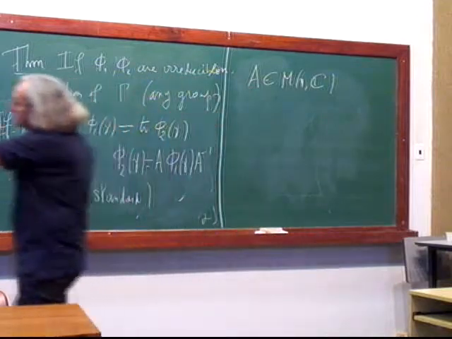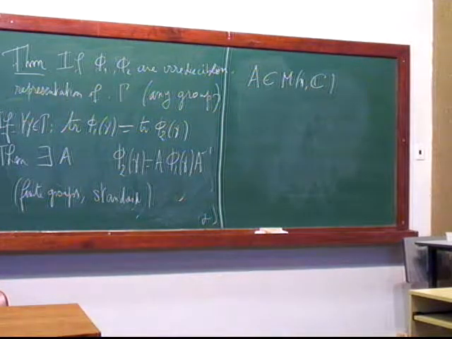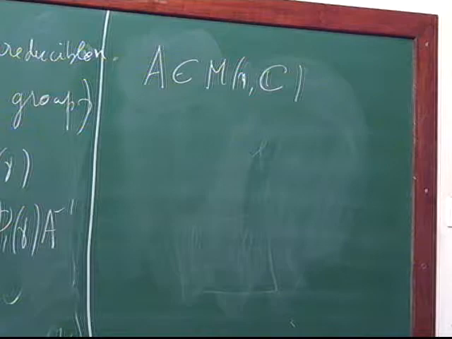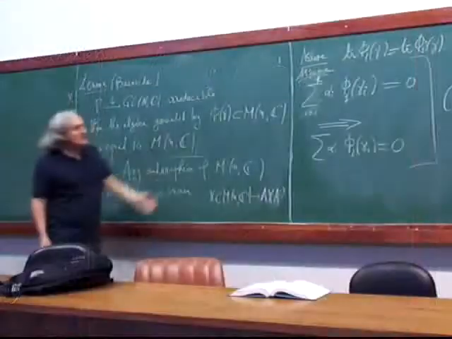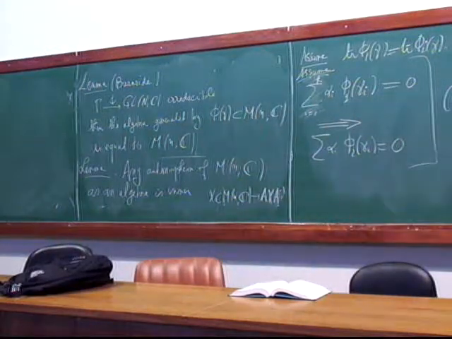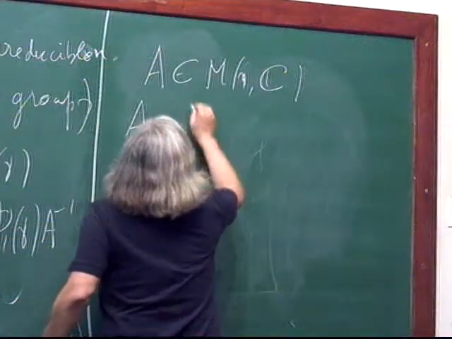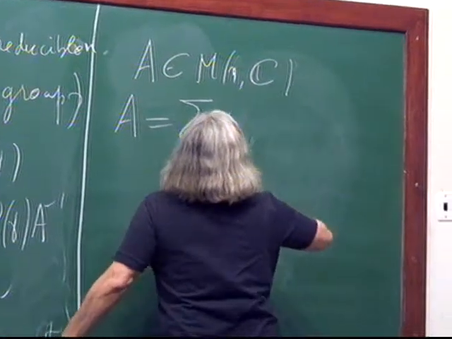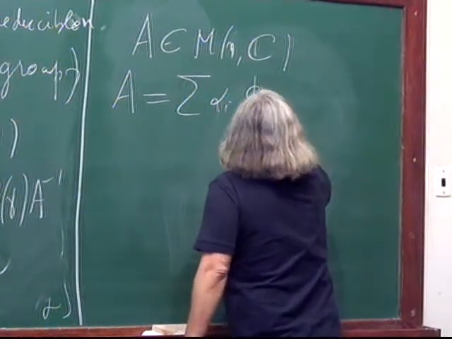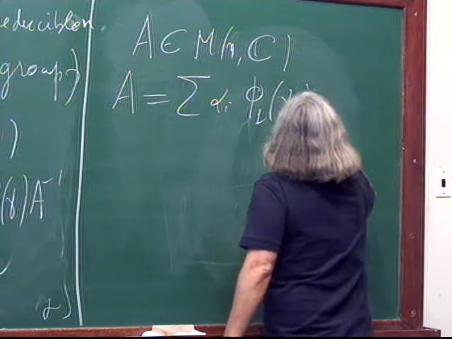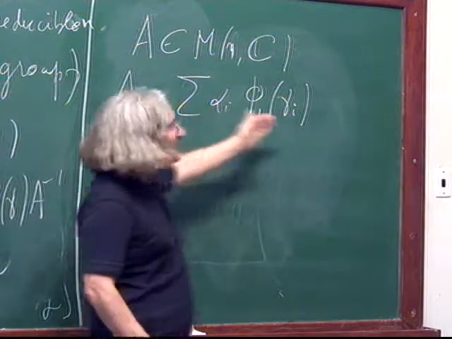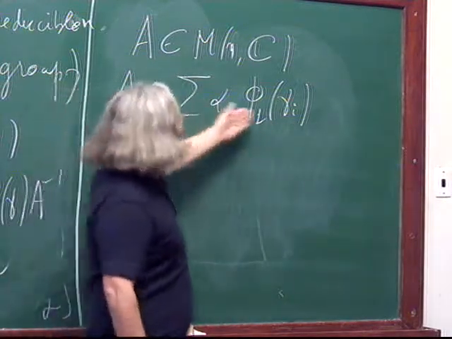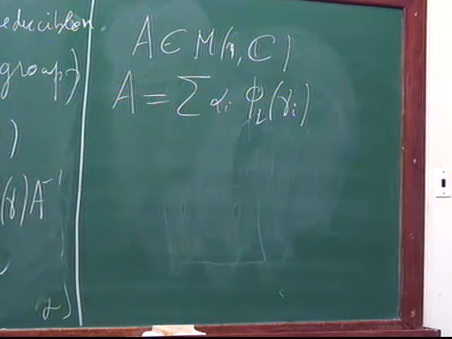By the lemma of Burnside, any matrix is a linear combination of elements in the first representation. So the matrix A can be written in some way as a sum of alpha_i phi 1 of gamma_i. Of course, this is not unique. A given element A probably may be written in many ways as this linear combination.